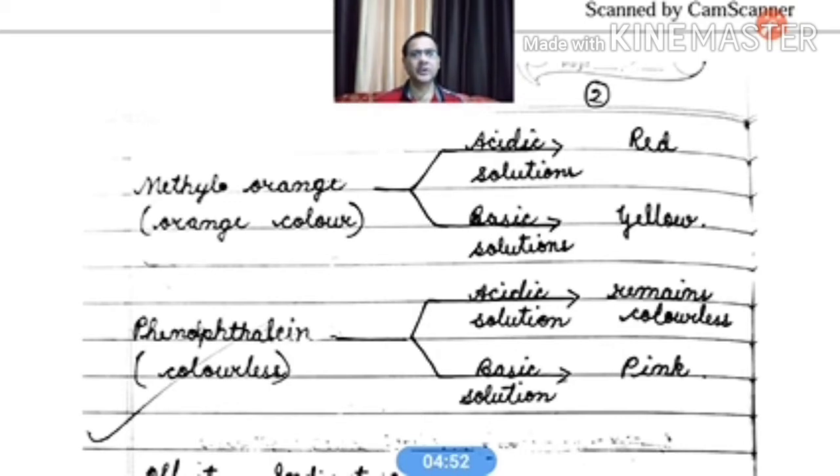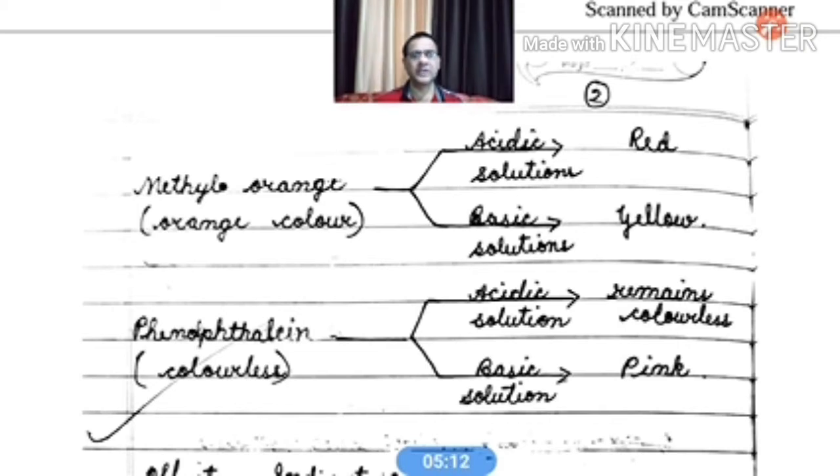Third test, that is phenolphthalein. Its actual color is transparent. You can say it has no color, it is totally colorless. When this phenolphthalein is put in the acidic solution, it remains colorless.